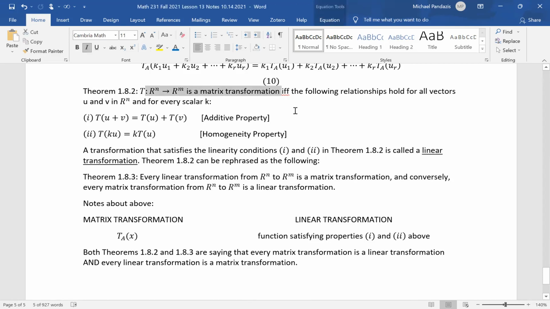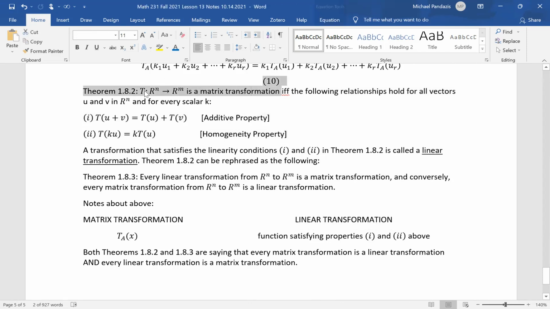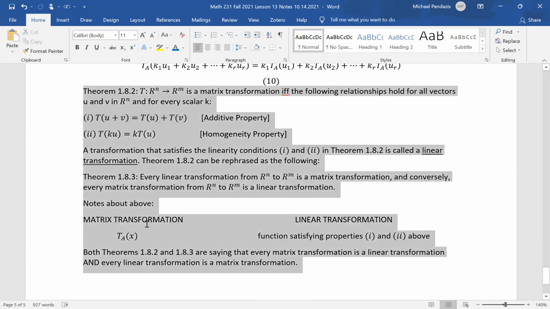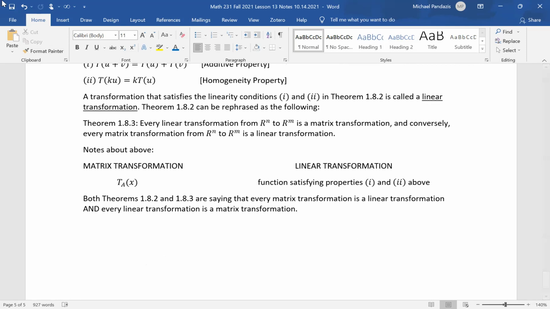When you have a matrix transformation T, you know that it satisfies these two properties, which define a linear transformation. Also, if you have a function that satisfies these two properties, meaning it's a linear transformation, then you can conclude it's also a matrix transformation. So all of this confusingness is just saying that you have matrix transformations and linear transformations, which are functions that satisfy those two properties, and that each is the other. Every matrix transformation is linear, and every linear transformation is in matrix form. That's what all of that is saying.